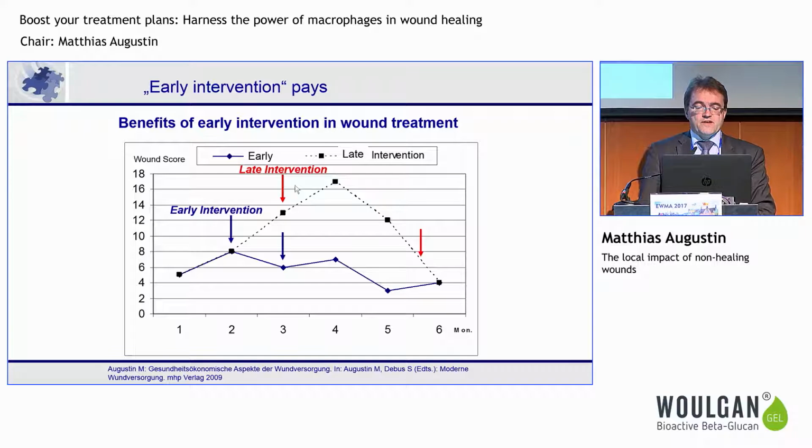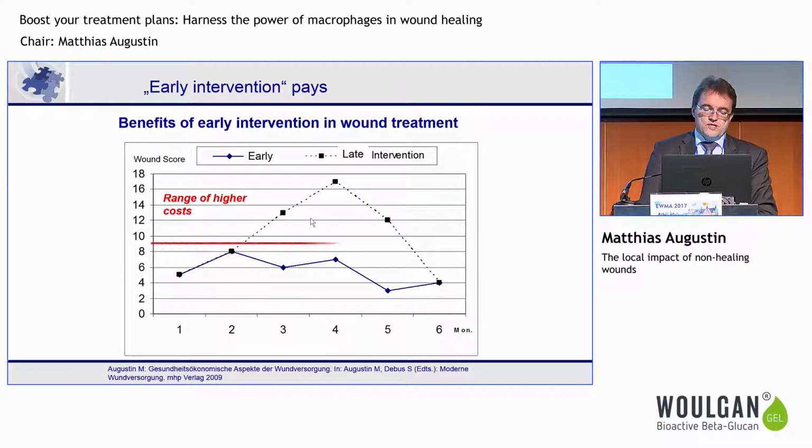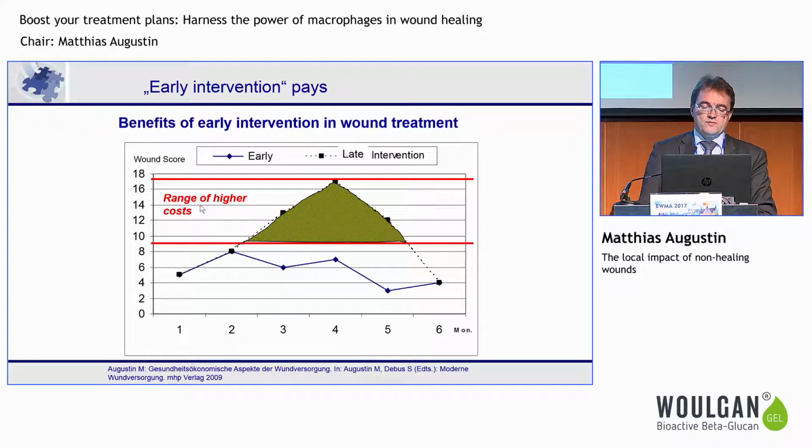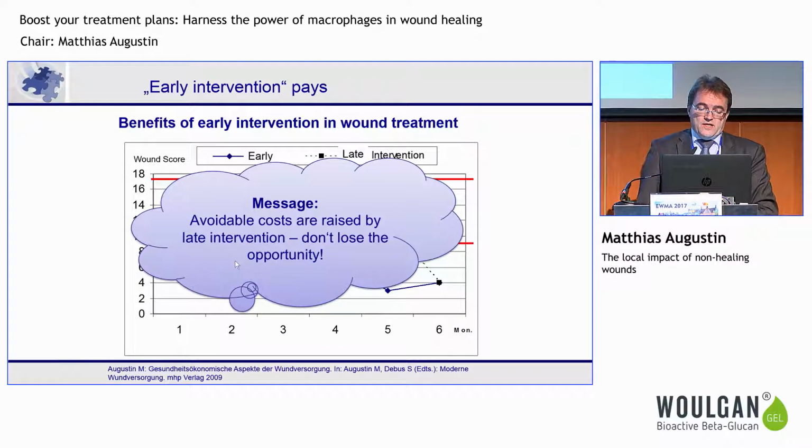This early intervention, compared to just sleeping and waiting too long, is associated with saving the patient from higher costs, and the payers, but also with saving the disease burden to the patients if we are early enough. And so the message here: there are avoidable costs upcoming which are raised by late intervention. Don't lose the opportunity to react early.